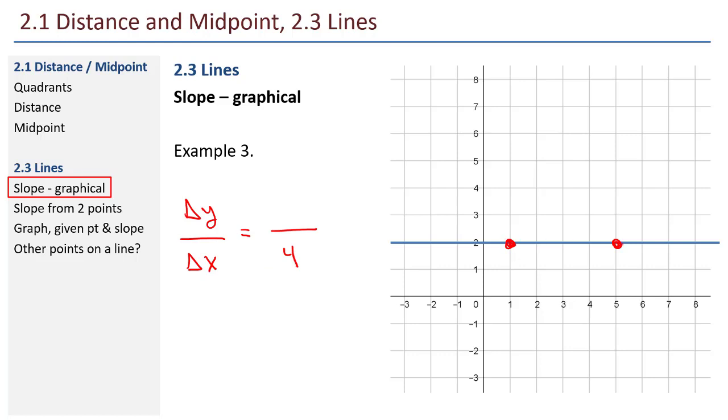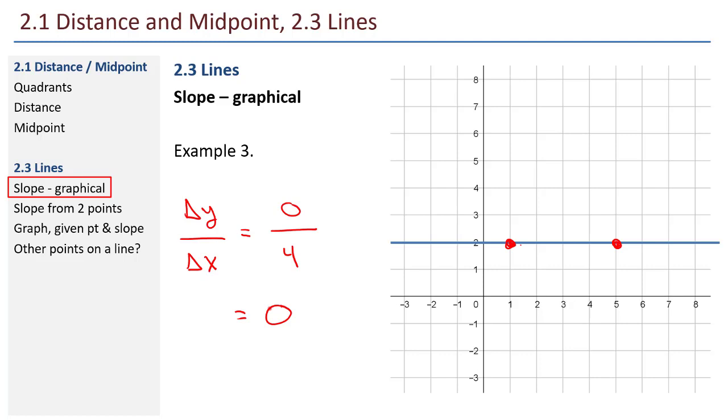But how has the y value changed? The y value hasn't changed at all. Initially it was 2, and at the end it was still 2. So 0 over 4, and 0 divided by 4 equals 0. So the slope is just 0. Whenever you have a horizontal line, the slope is 0.